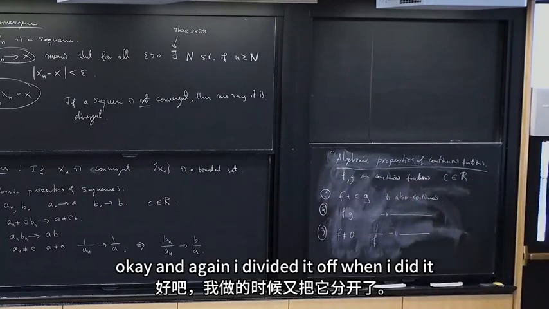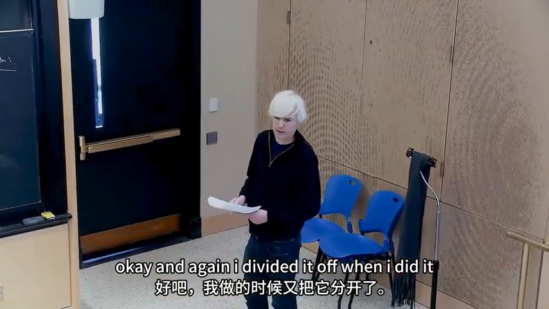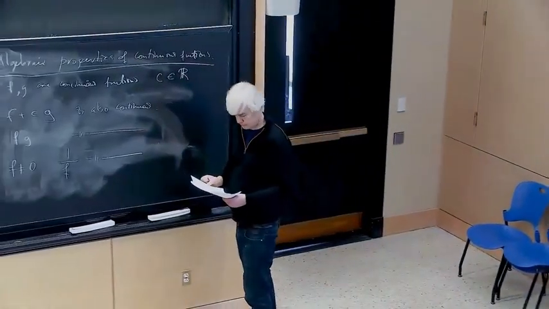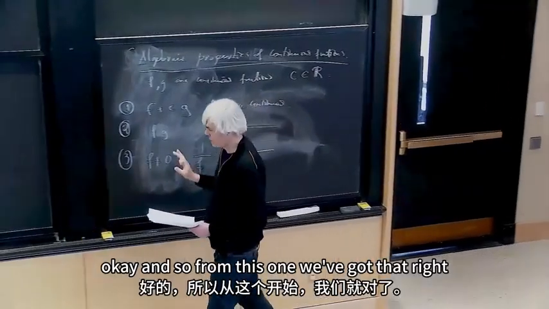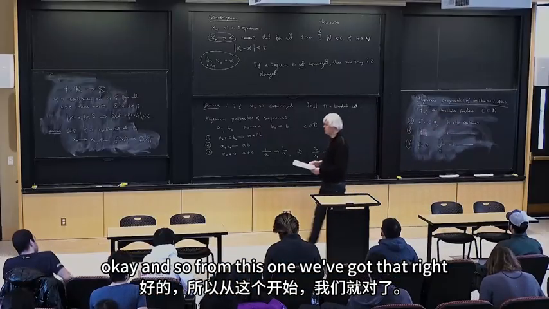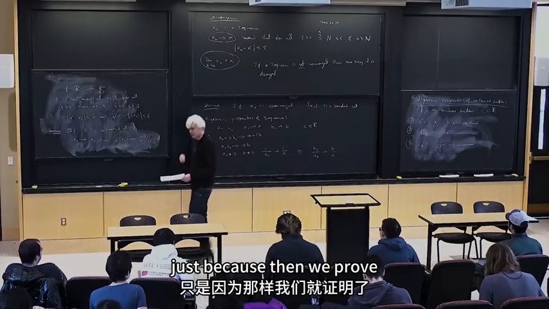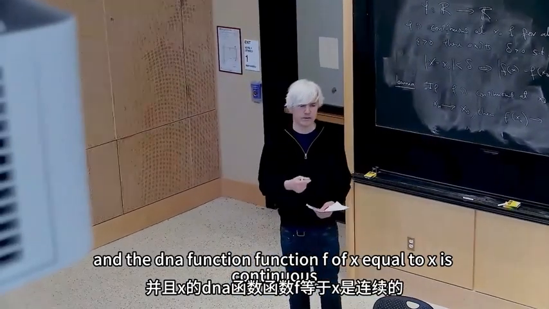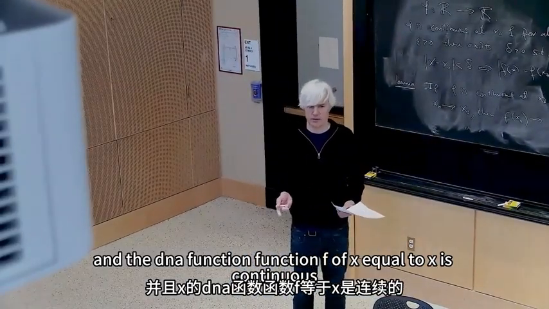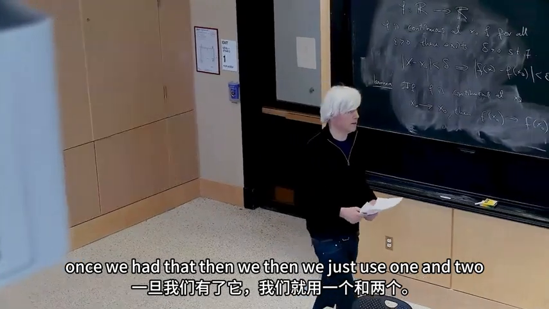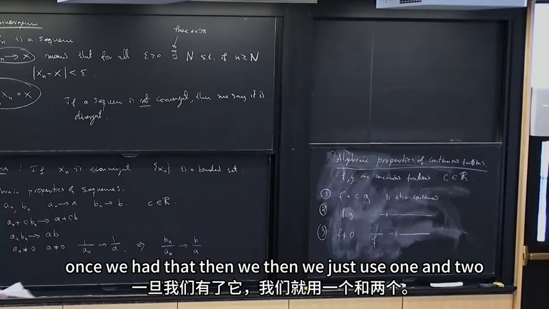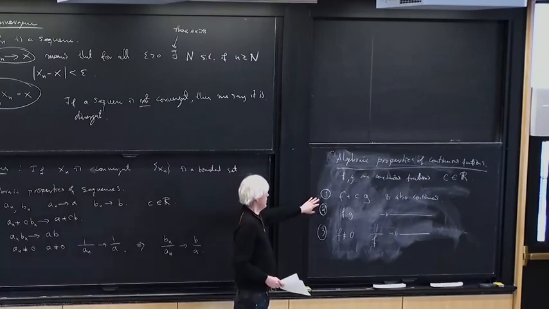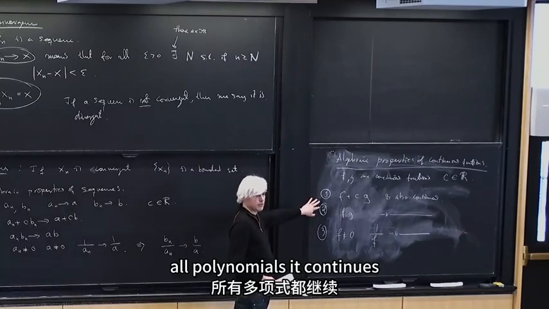Again, when I did it, I divided it up into 4 steps because I separated one of these out as 2 steps. From this we got, once we proved that the constant function and the linear function f of x equal to x are continuous, that using 1 and 2 all polynomials are continuous.